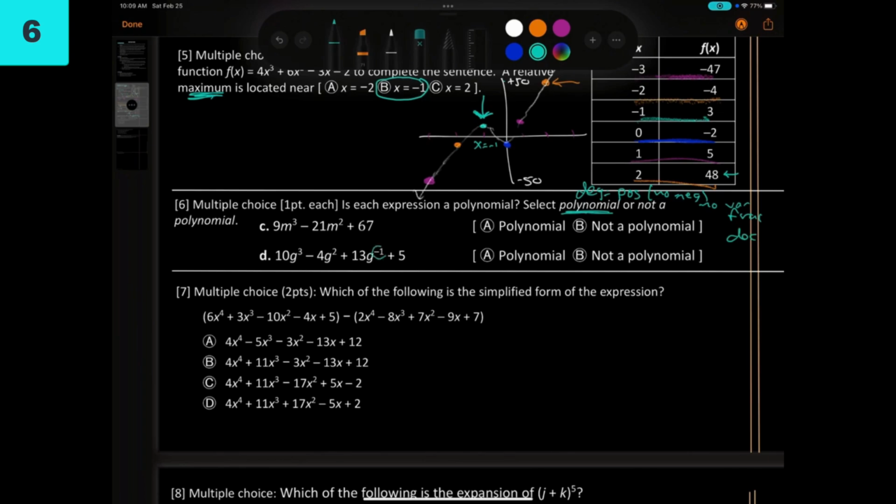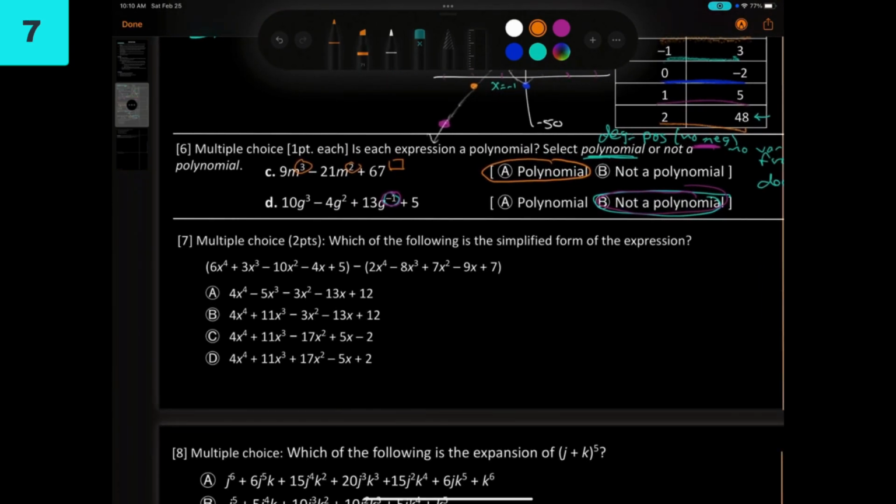So this one here is a negative. That would be not a polynomial because that one has a negative. C is a polynomial. You'll notice that these are all whole numbers.